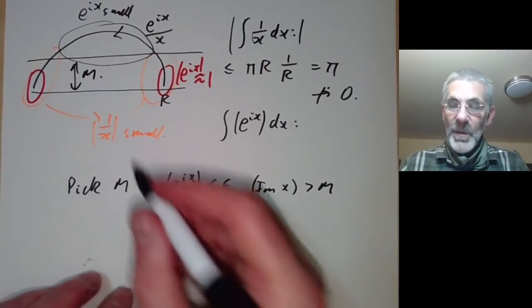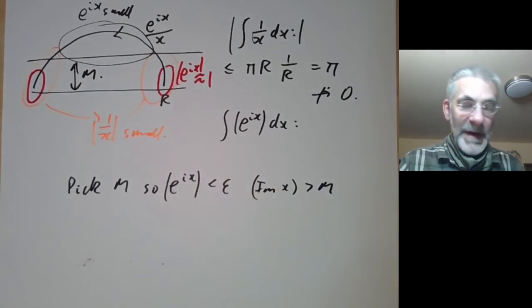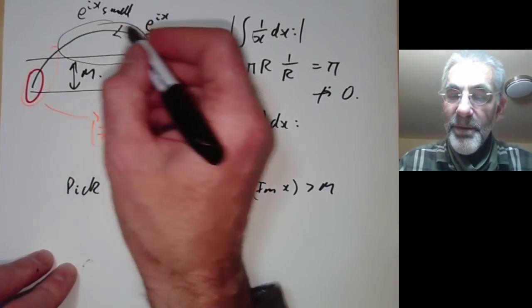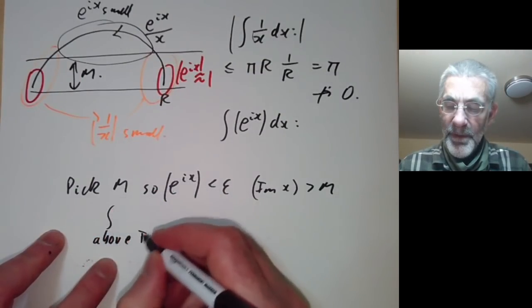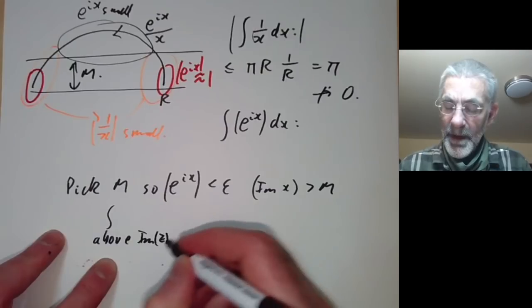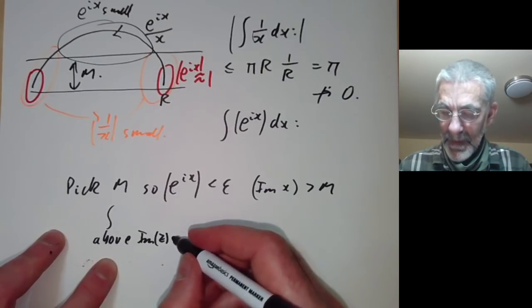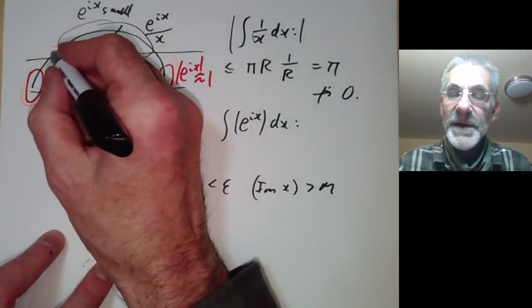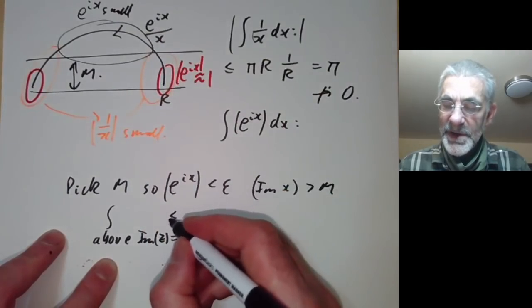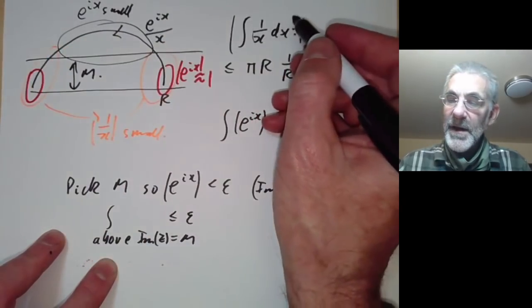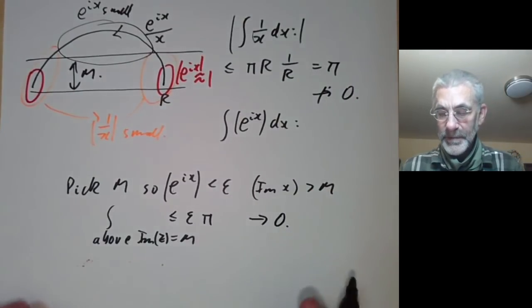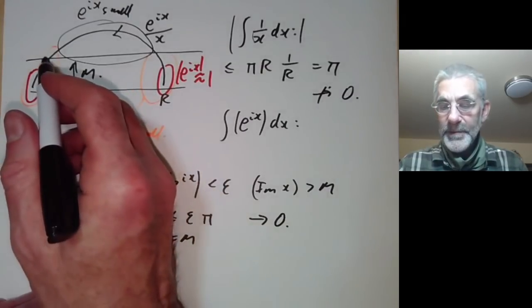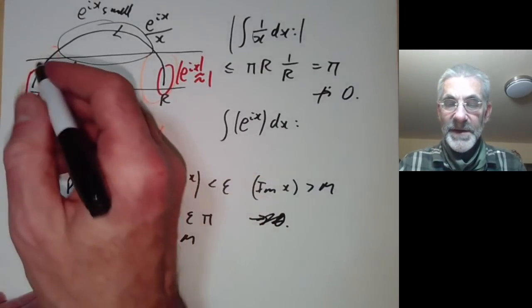And then the integral over the bit above m, where the imaginary part equals m, the integral over this bit here is going to be at most epsilon times the length of this bit here, which is pi. Sorry, let's not take it to tend to 0 here.